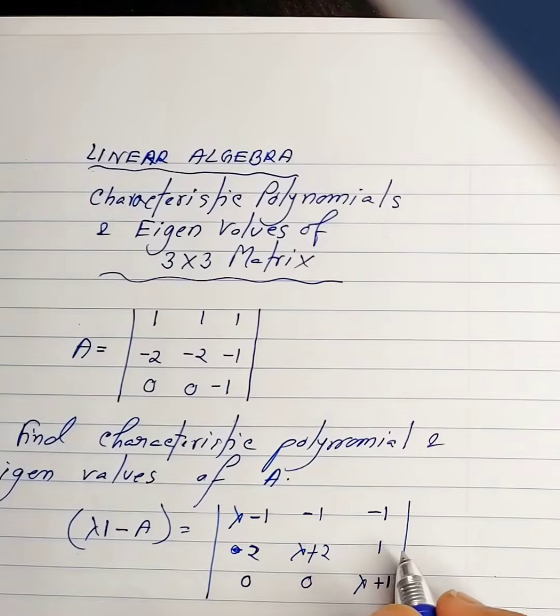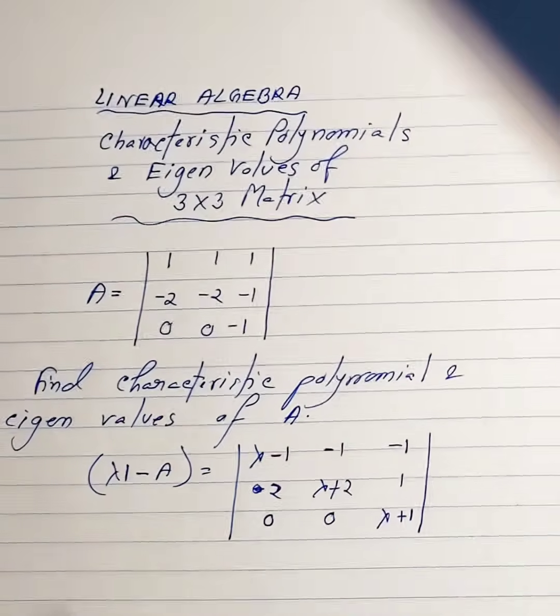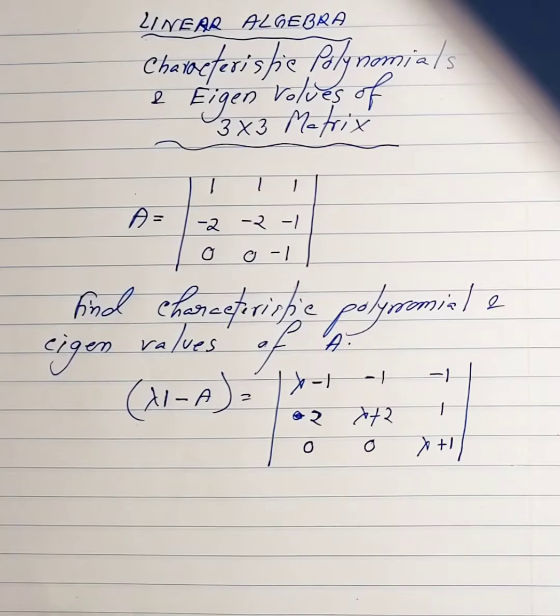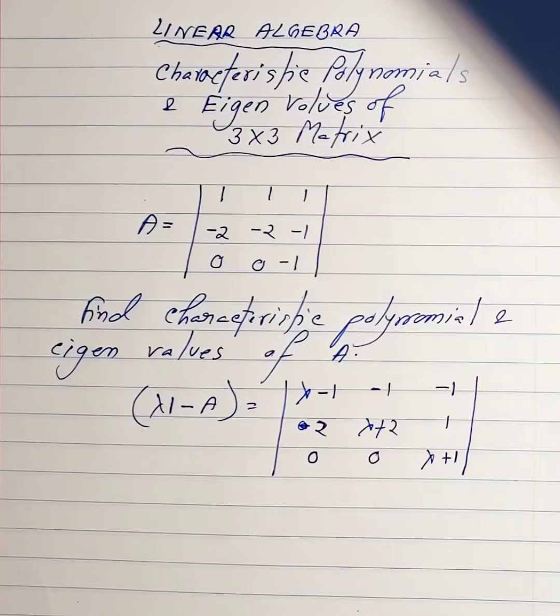Right? Now we need to find the characteristic polynomial of that, so basically you're finding the determinant. Finding the characteristic polynomial of a 2 by 2 matrix is very easy, but finding eigenvalues from a 3 by 3 matrix is a little bit complicated, and there are several ways you can do that.